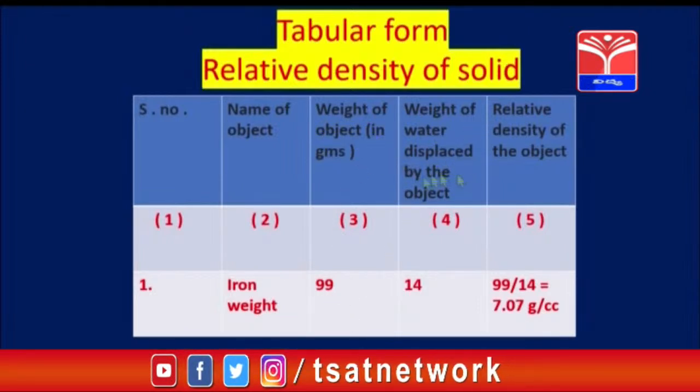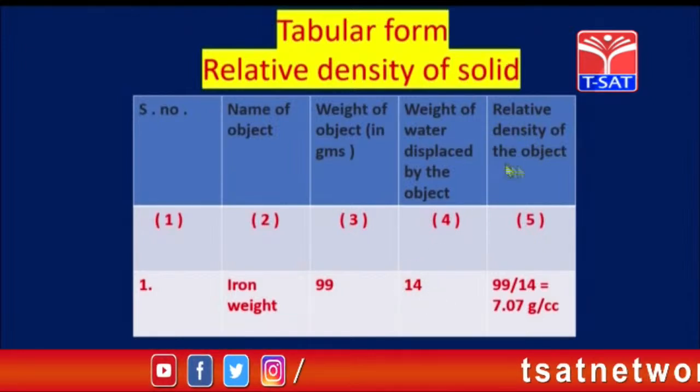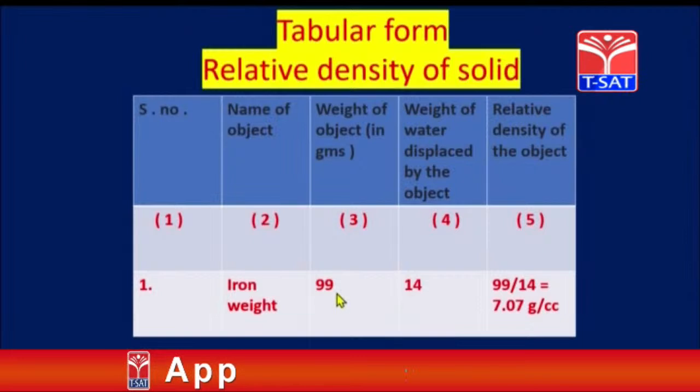Now, weight of the water displaced by the object. When that iron object is immersed in water, some water came out of the overflow jar and already that weight is 14 grams. Now what is the formula for relative density of the object? 99 by 14. The relative density is weight of the object by weight of the displaced liquid.